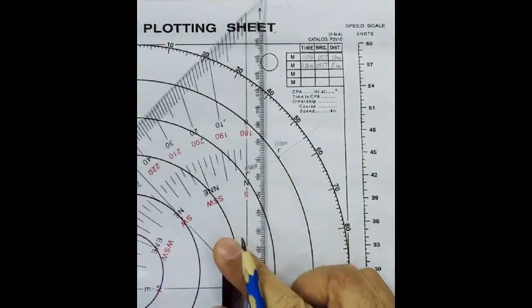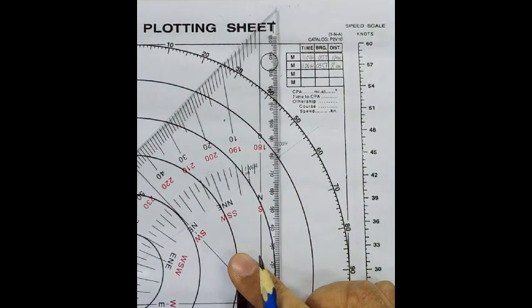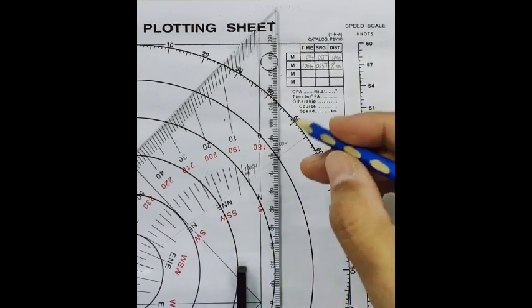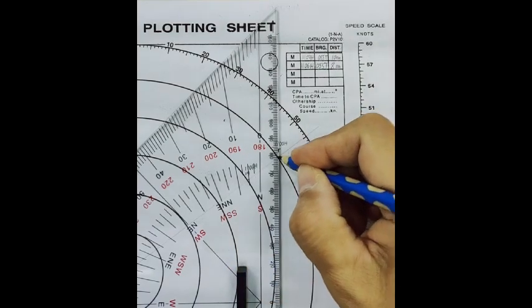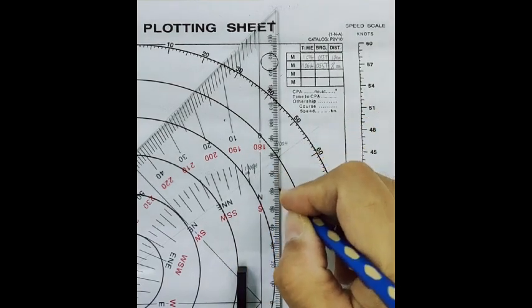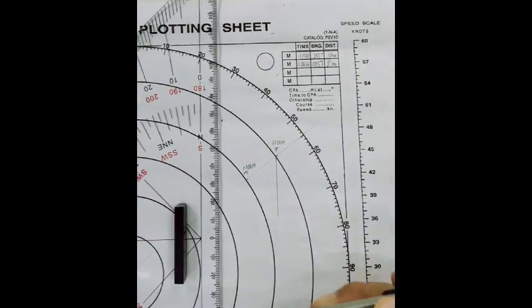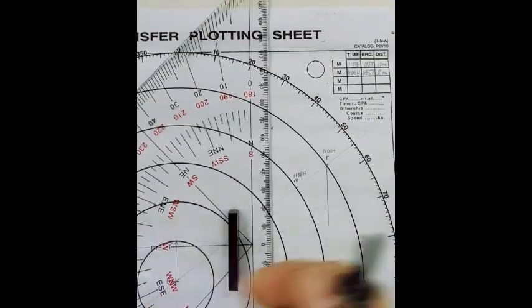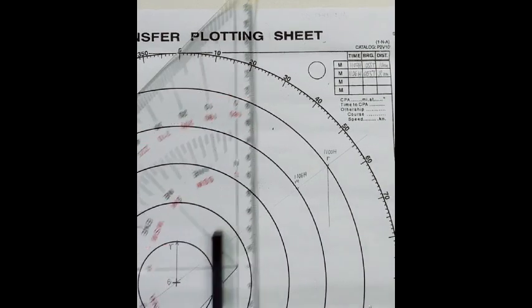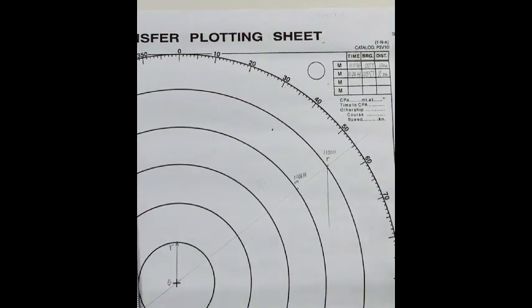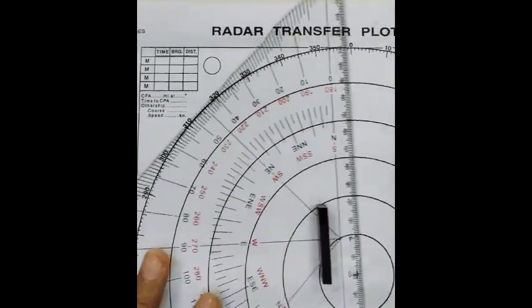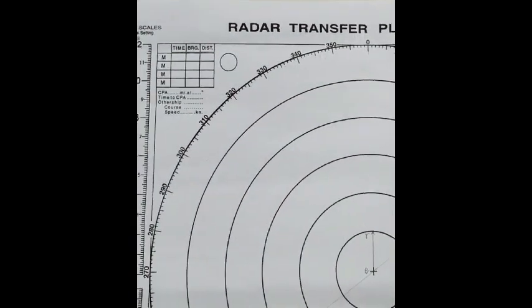Label it as E to R, and then transfer it to the target. Connect it to R, and then measure the speed, and then write the E. So there's the ER.